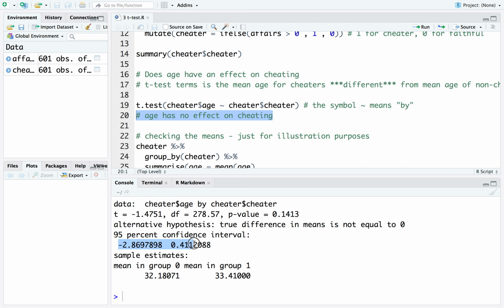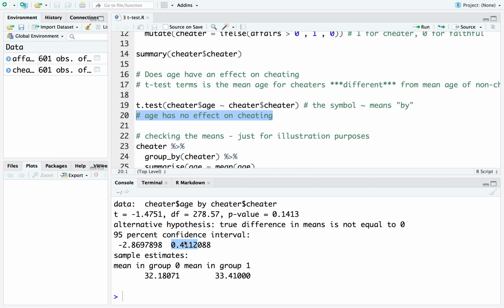Look at our 95% confidence interval. It goes from negative 2.86 to 0.41. That means that we are 95% confident that the difference between the two means, meaning the mean age of group 0 and the mean age for group 1, is somewhere between negative 2.86 and 0.41.